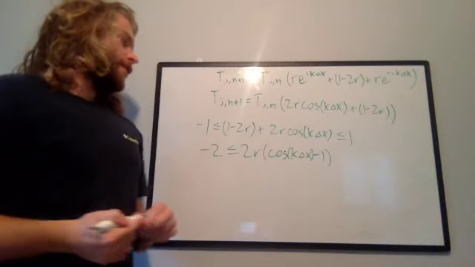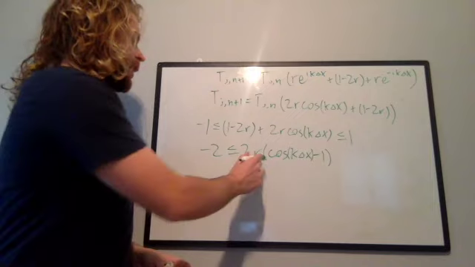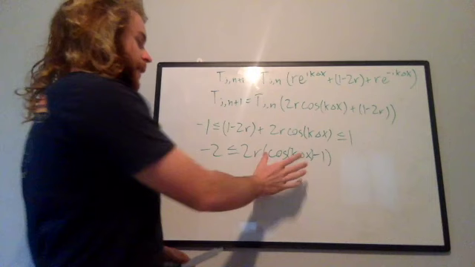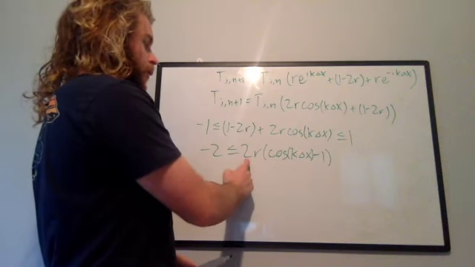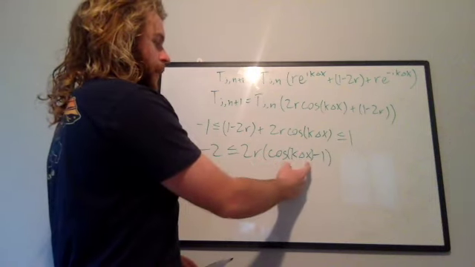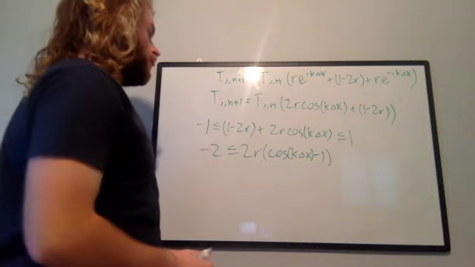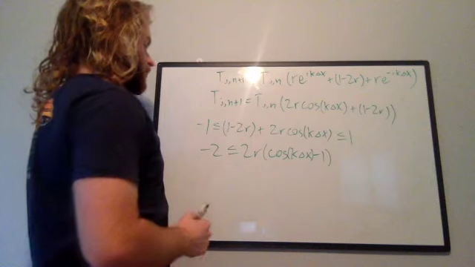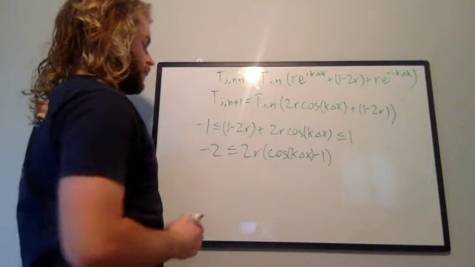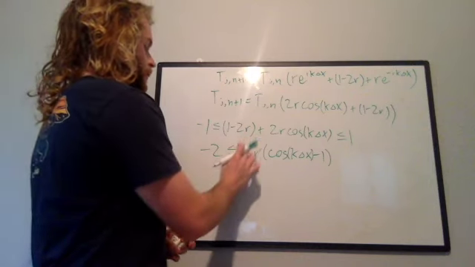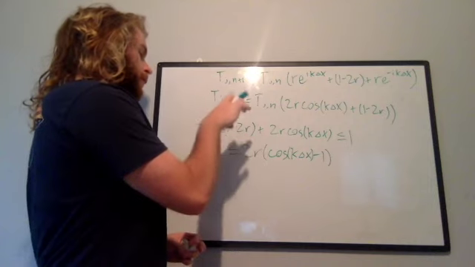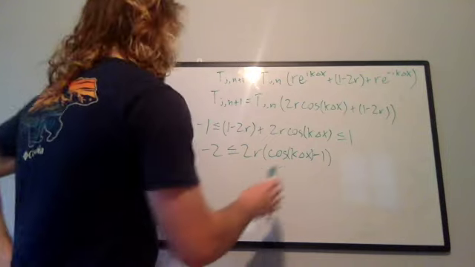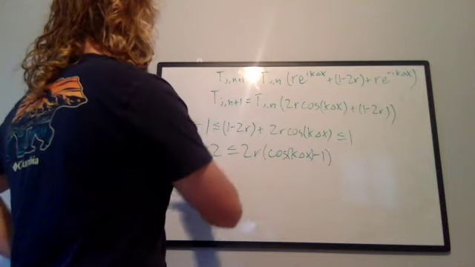All right, so our next step here is we are going to want to isolate r by itself. So what we can go ahead and do is divide this by 2, and then also divide it by cosine k delta x minus 1. So we'll go ahead and do that, and then we will also be flipping the signs so that we can make this positive over here. And then this r becoming greater than will become a less than when we do that, all right? So when we do that, we're going to be able to factor out a 2 and divide that.